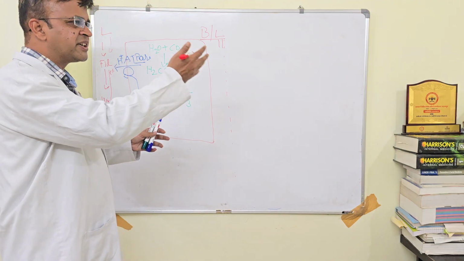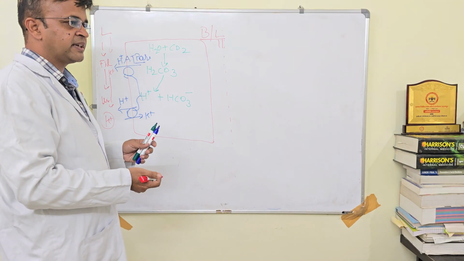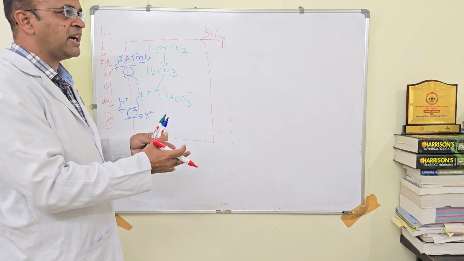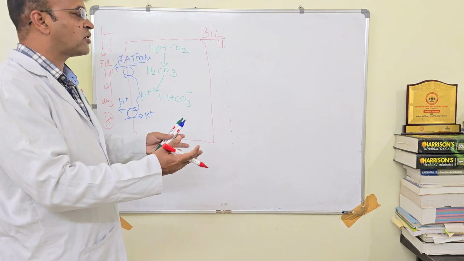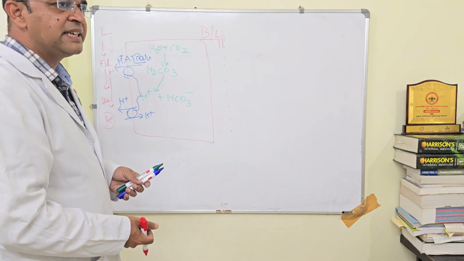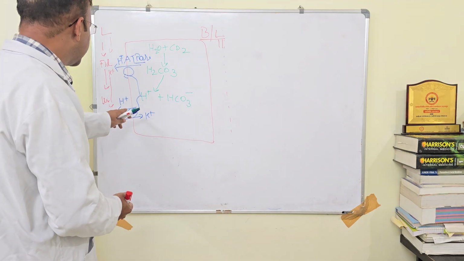So understanding this channel helps us understand why in hypokalemia you also get alkalosis. We are going to discuss many conditions in our future videos, like Liddle syndrome, in which you get hypokalemia and alkalosis, right? Or be it Bartter syndrome, in that also you get hypokalemia and alkalosis, right? Let's move ahead with this topic, right?